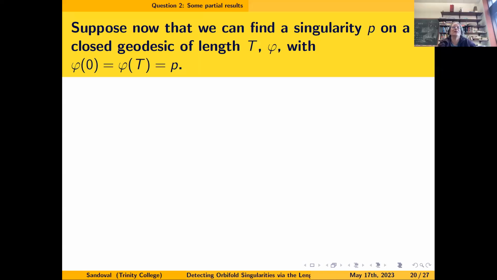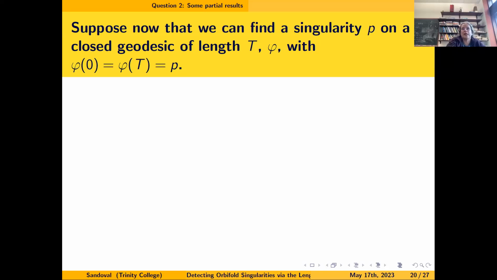Okay, so let's talk about the second question. If you recall, we can find a singularity in this case. What can we say about it now? Maybe you look at the geodesic flow, the length T geodesic flow, and you find the geodesic that has a singularity with this particular period.